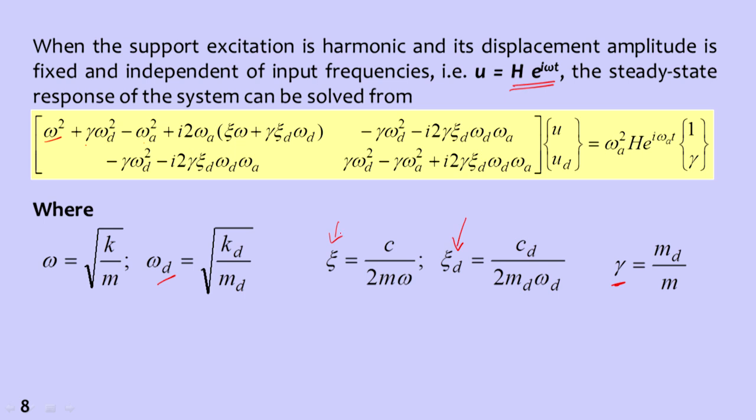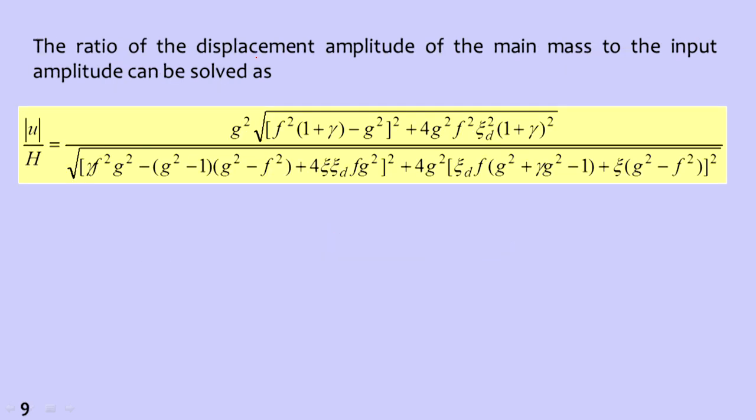If we plug these in, the ratio of displacement amplitude of the main mass to the input amplitude can be solved. So this is the displacement of the main mass and this is the input amplitude, where frequency ratio is omega d by omega and g is omega a by omega.